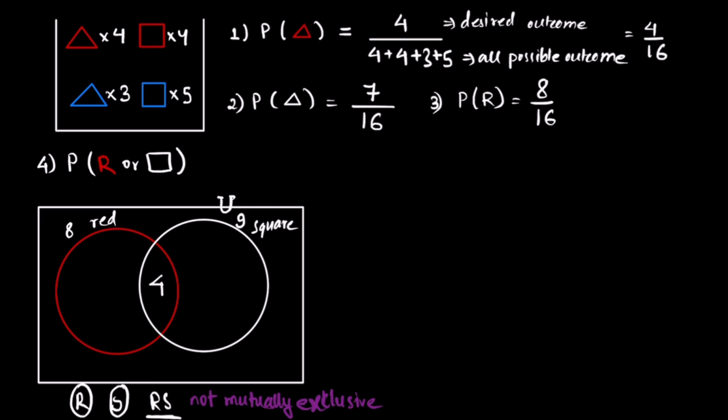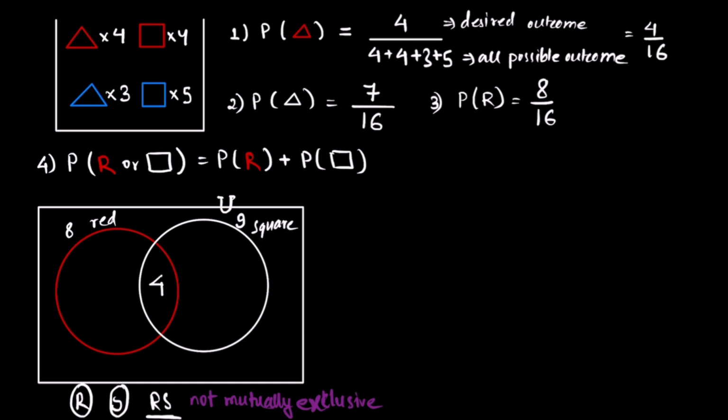But the thing is, you need to find the probability of getting either a red stuff or a square stuff from this bucket when you pick something out of it. So that is going to be equal to probability of getting red plus probability of getting square. But now here's the thing.